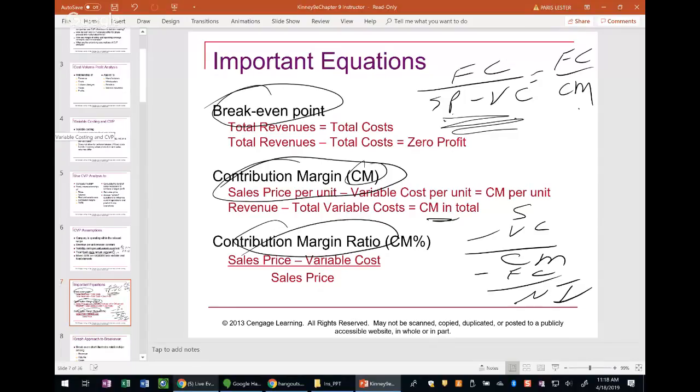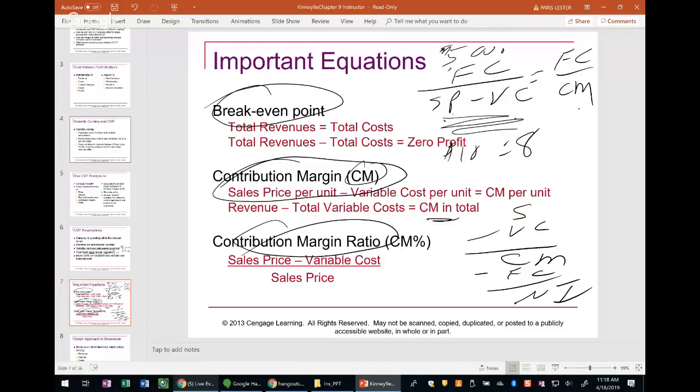All right, let's put in some dollars up here. Let's say the sales price is $10. The variable cost is $8. Fixed cost is $5,000. Now break even on that would be 5,000 divided by 2. It'll be 2,500.